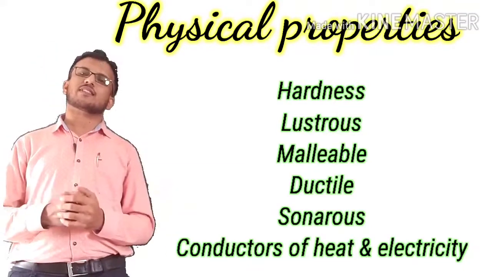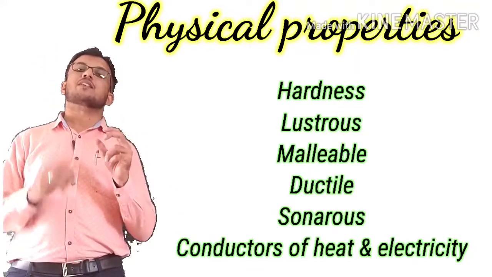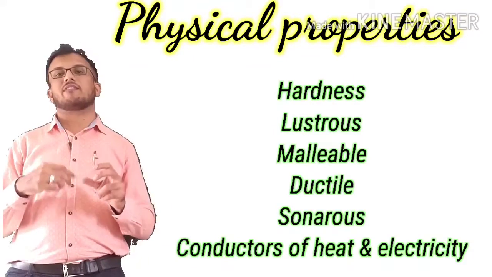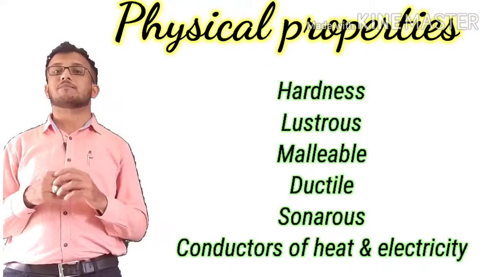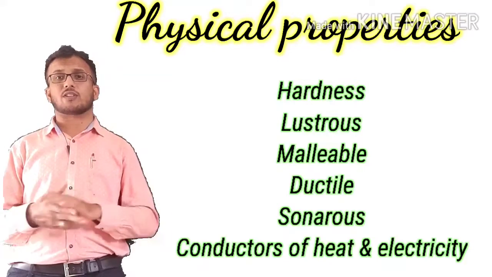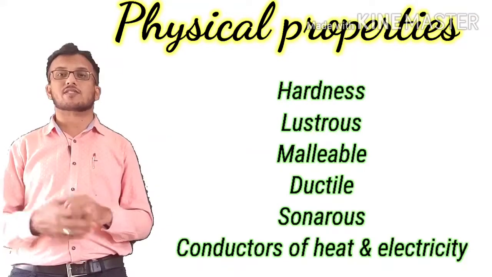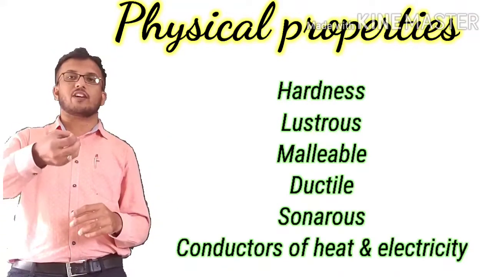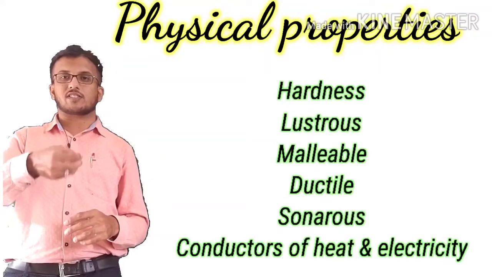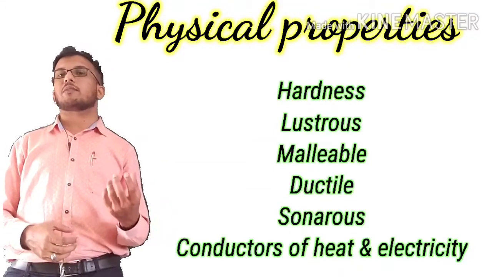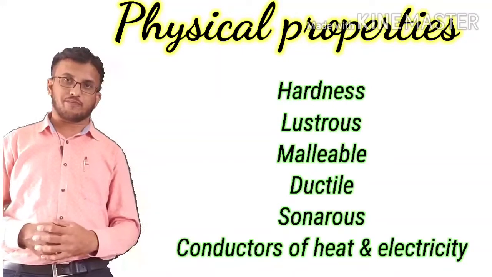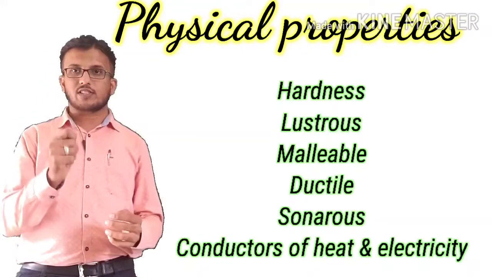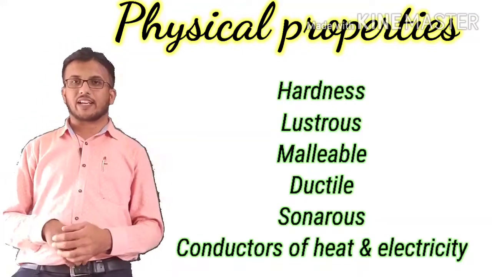What is the meaning of sonorous? Sonorous means producing sound when beaten or when dropped. For example, if you drop coins, you can hear the sound. The school bell rings too.